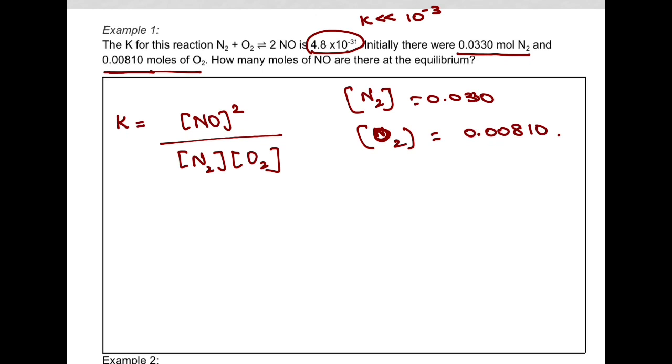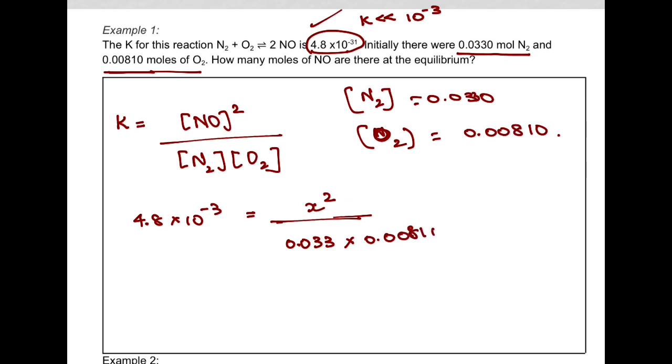We know that K is this. Concentration of NO is unknown. I'll leave it as it is, or if you want, you can put it as X. So it's going to be X squared. And then N2 is given, and then O2 is also given.